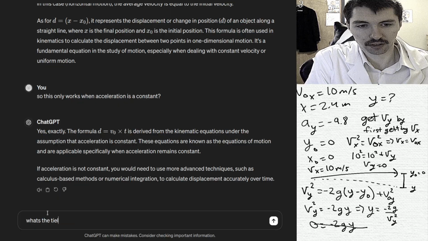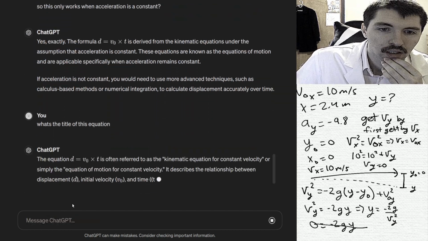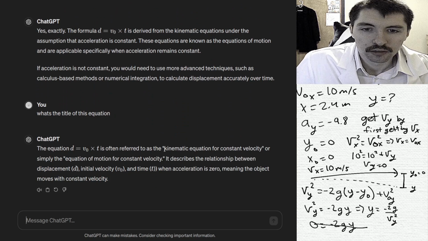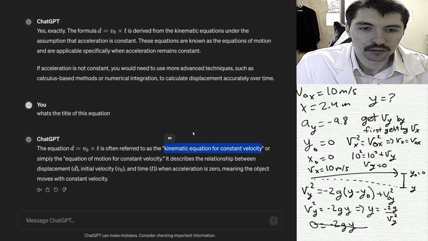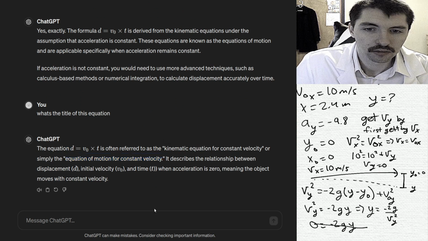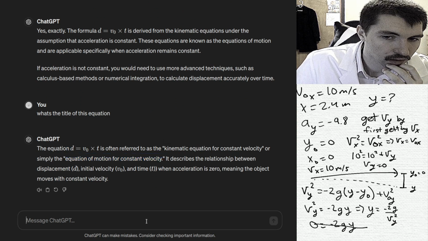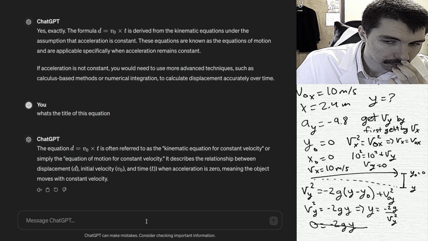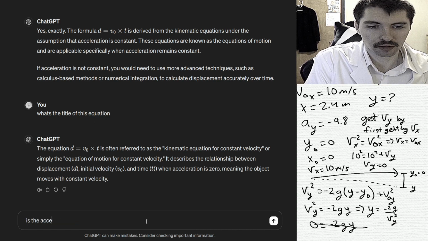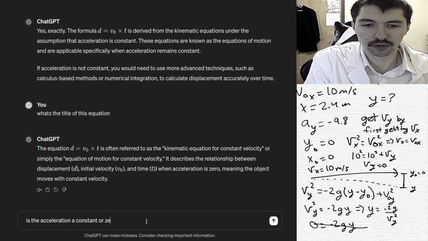What's the title? Is the acceleration a constant or a zero?